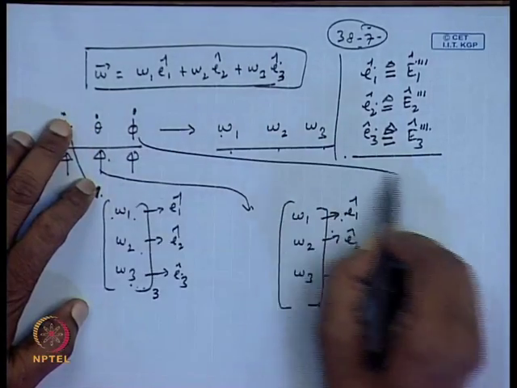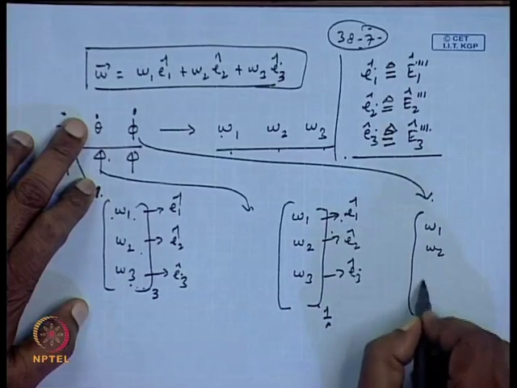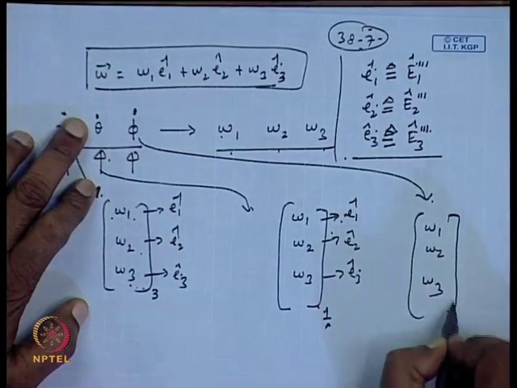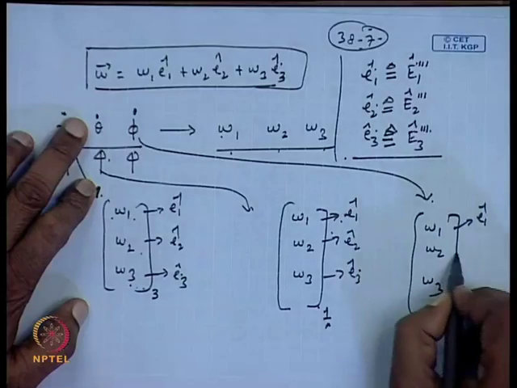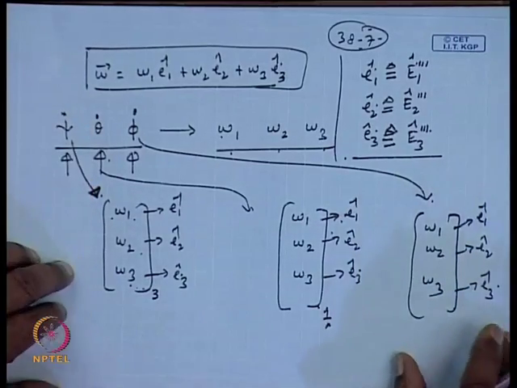And similarly for phi you will have omega 1, omega 2, omega 3 cap, and this will be along the E 1 cap, E 2 cap and E 3 cap directions.